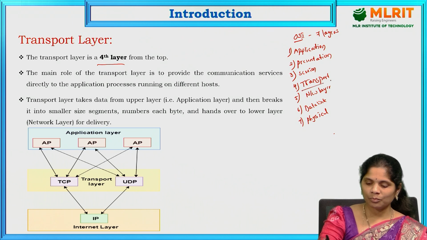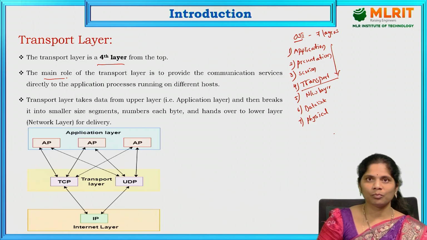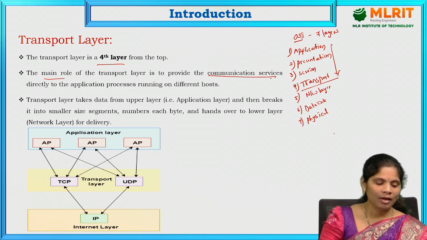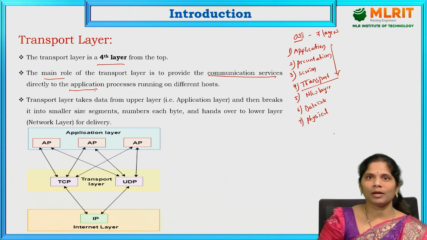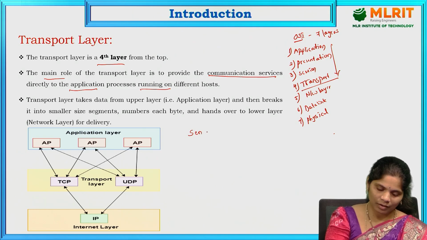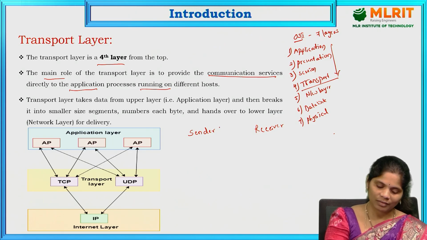Here, the transport layer is the fourth layer from the top. The main goal of the transport layer is to provide communication services directly from one application to another application running on a different host. See how it works. Here is the sender, here is the receiver. Suppose the sender wants to send a message to the receiver.